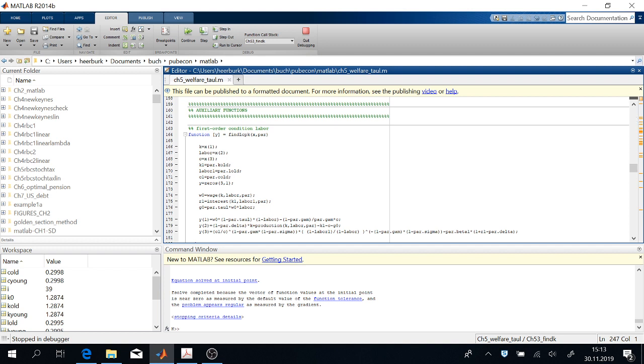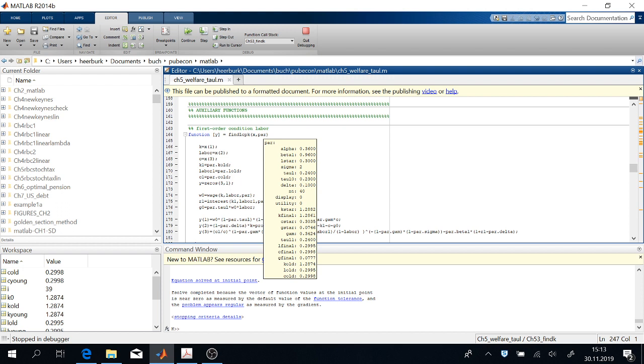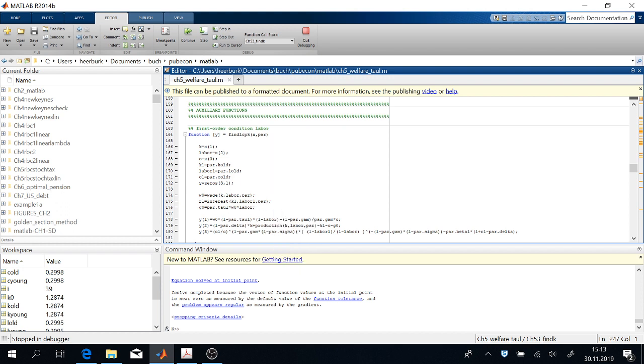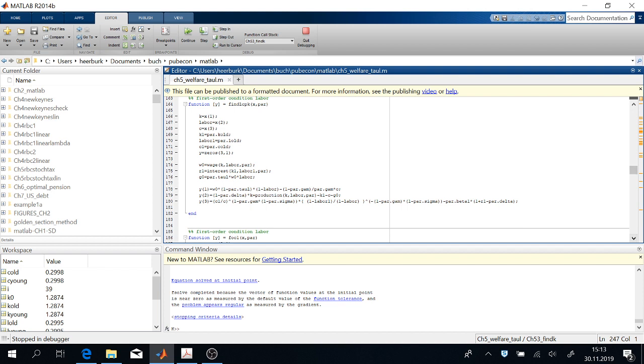K, labor, and C is the initial guess here for the variables in period T. The variables in period T plus 1, K, L, and C are stored in the parameter vector par, which is the second argument of this function. And they are assigned to the variables K1, labor 1, C1. We compute wages, interest rate, and the government expenditures with the help of these variables.